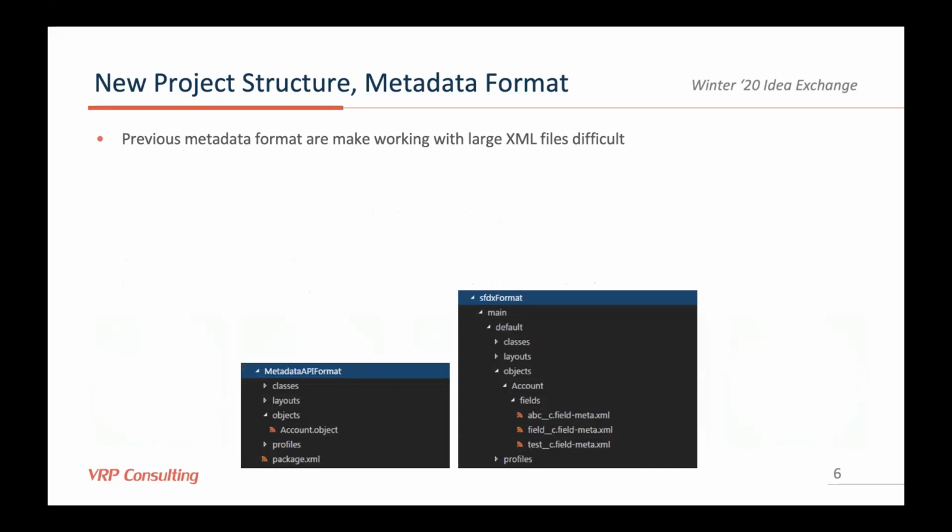Previously we had one big XML file for each object, and all the fields of this object were described in this one XML. Now we have a folder for account, and inside this folder we have a lot of XML files with information about each field for this object.